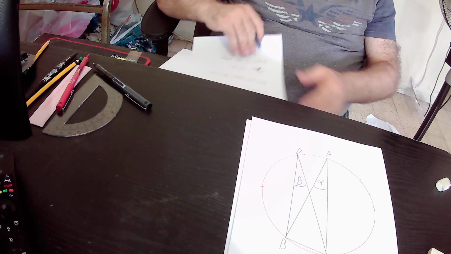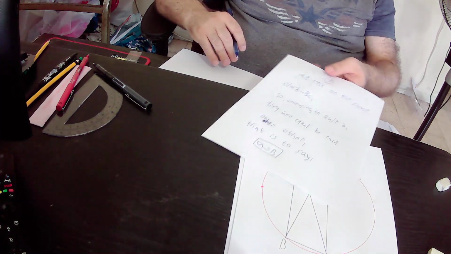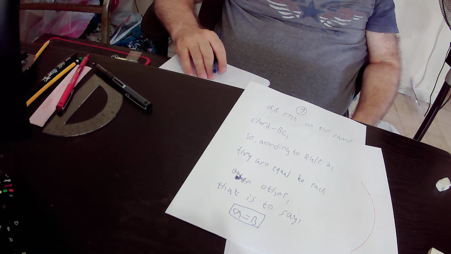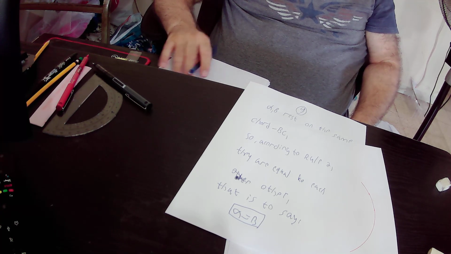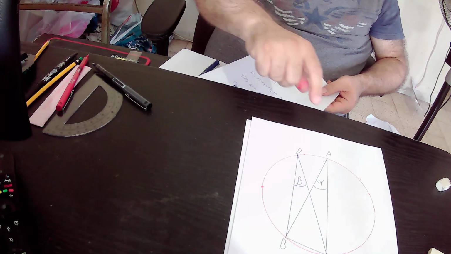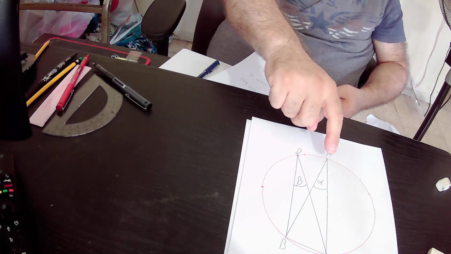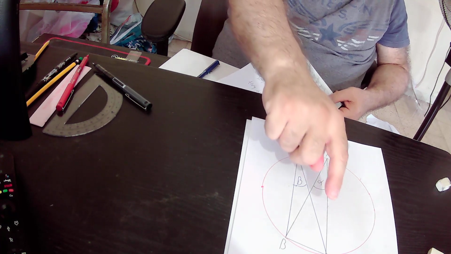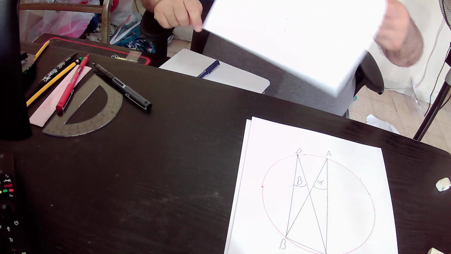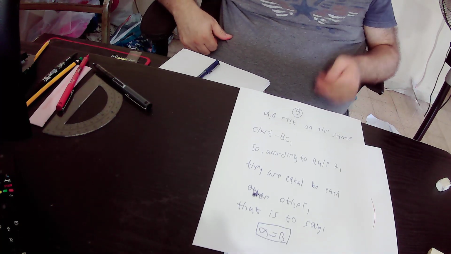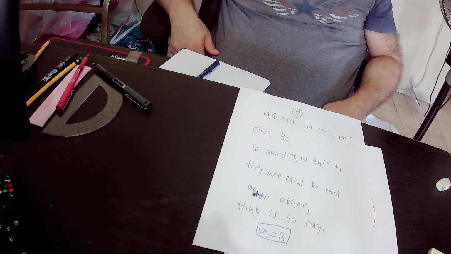So I will read again what I wrote. Peripheral angles alpha and beta rest on the same chord BC. As you can see from the drawing, peripheral angle alpha rests on chord BC, and also peripheral angle beta rests on the same chord BC. So according to rule number 2, they are equal to each other.